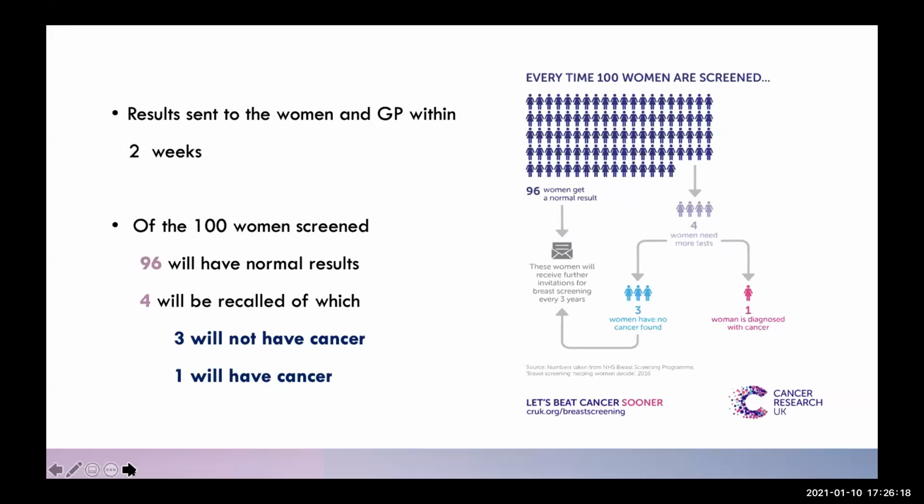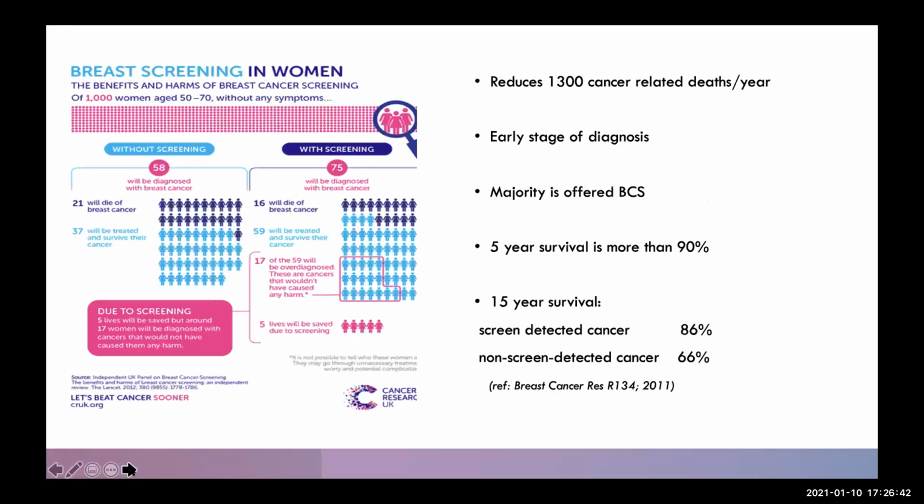It doesn't mean that they have got cancer. It just means they have found something that is not quite right and does require further investigation. Out of those 4 women, only 1 would have cancer. So in summary, out of 100 women that we screen, only 1 will be found to have a screen-detected cancer.